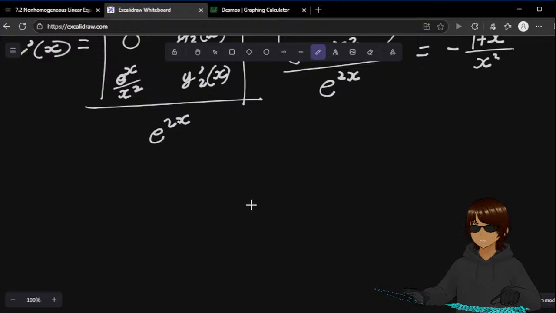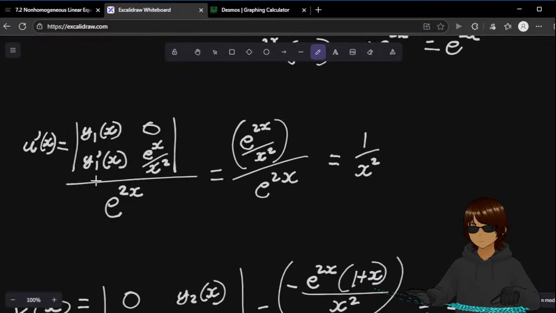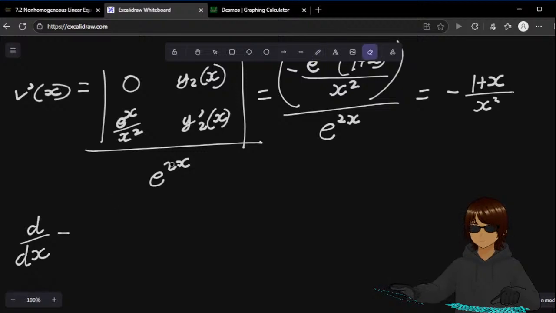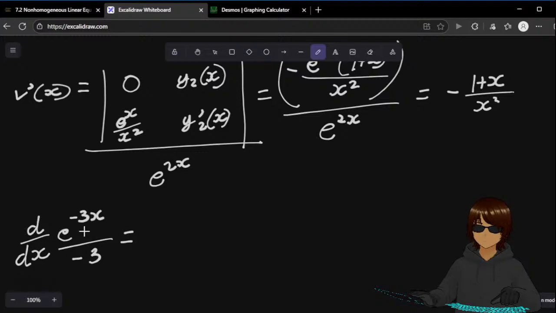Do we add the plus c? So the derivative of e to the power of minus 3x with respect to x.